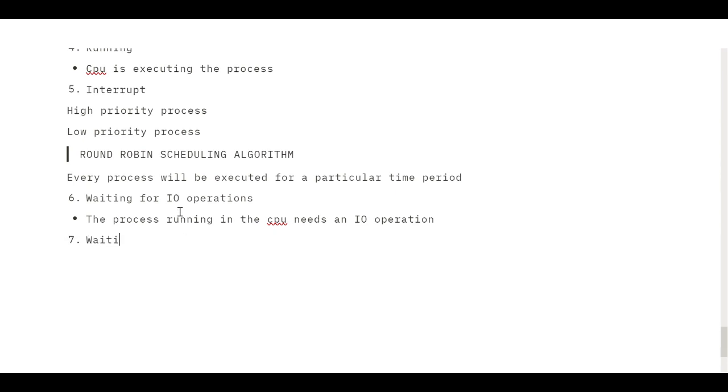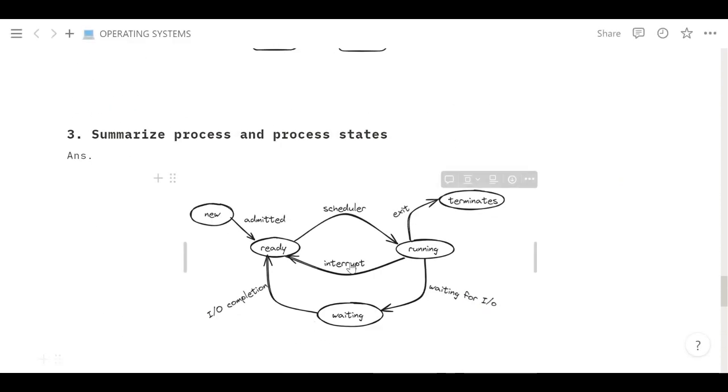What is the waiting state? Whenever a process is waiting for some input output operation, the operating system will transfer this process from the running to the waiting state. What will the scheduler do here? The scheduler will pick a process from the ready state and allocate it to the CPU. The CPU will start executing that process. So this is the waiting state.